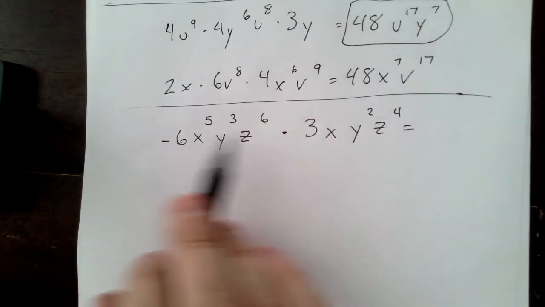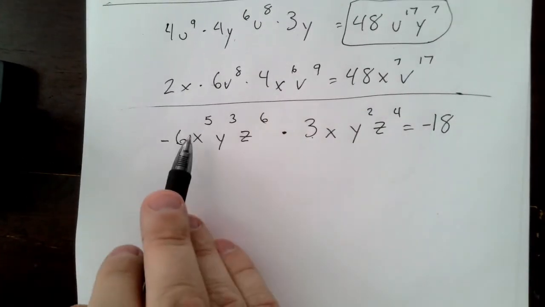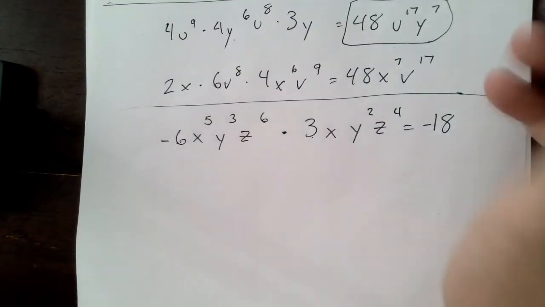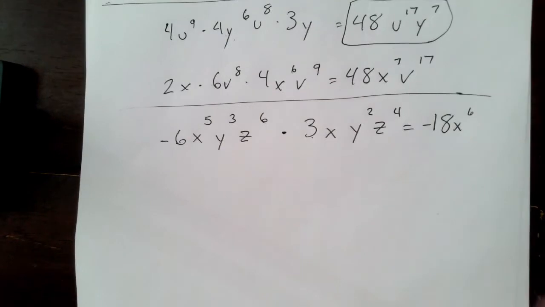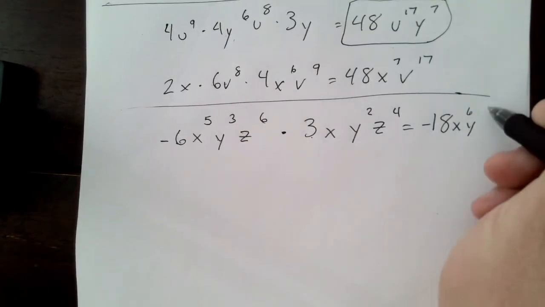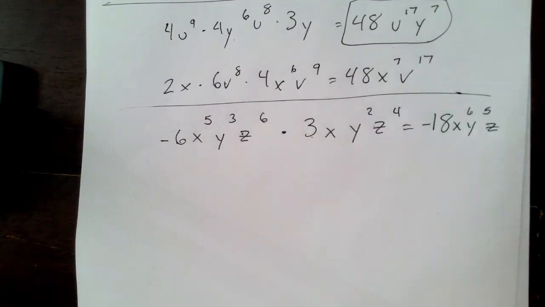We're going to first multiply the integers together to get negative 18. And then we're going to add together things with the common bases. X to the 5th times x is x to the 6th. Y to the 3rd times y squared gives us y to the 5th. Z to the 6th times z to the 4th is z to the 10th. And there would be your solution.